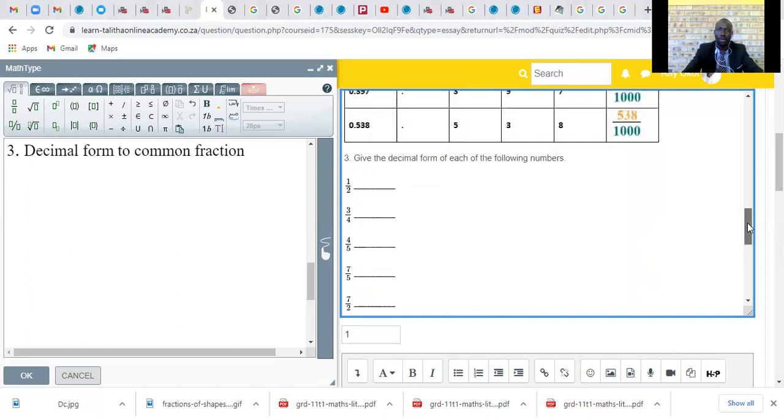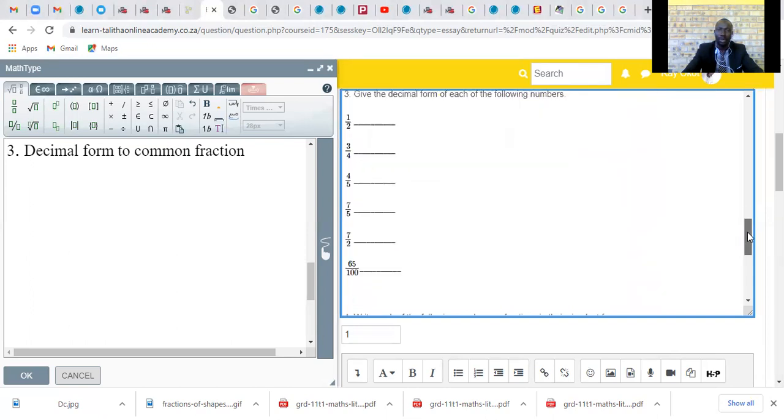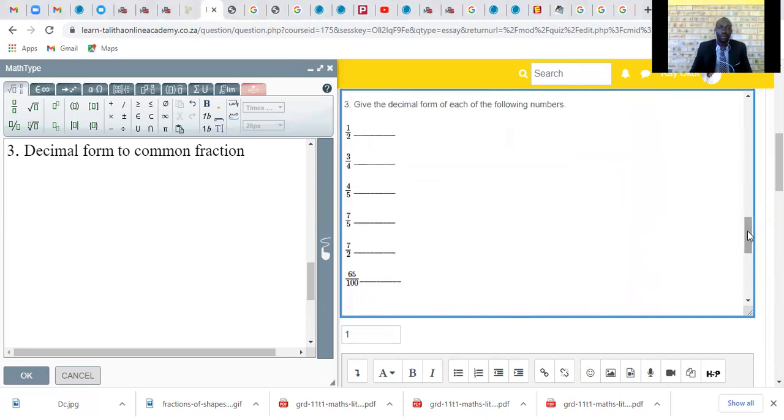Okay, so now when you look at the next question here, well, this is question 3. Question 3 is saying, give the decimal form of each of the following numbers.